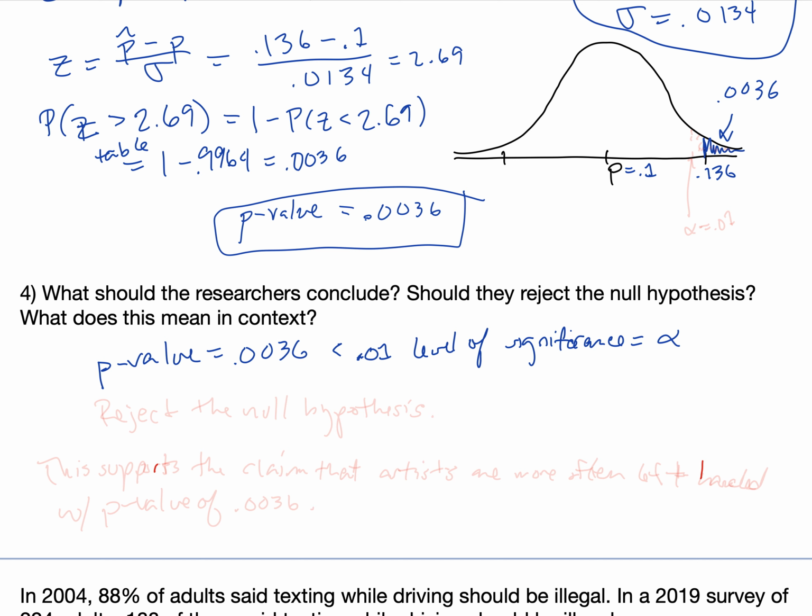And because the p-value is less than that, remember that alpha is the cutoff point for rejecting or not rejecting the null hypothesis. So here is alpha equals 0.01. Here's a probability of 0.01, and this was less likely than that.